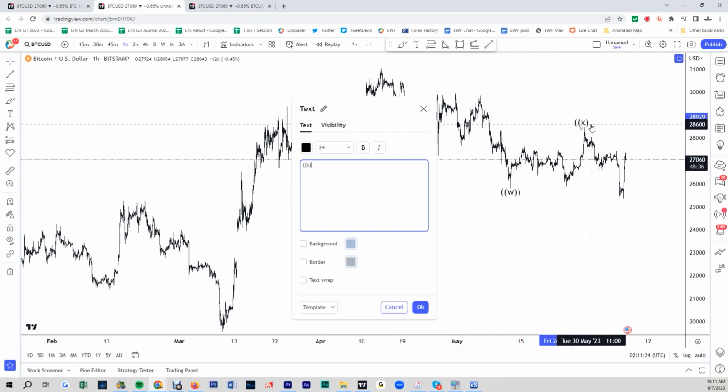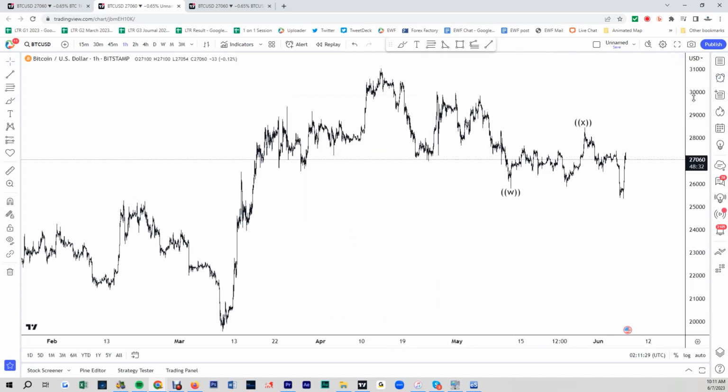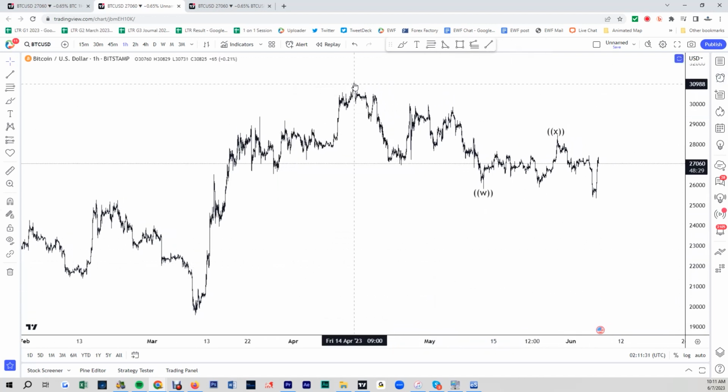So we can see a couple of things here that we want to talk about. Now, the first one is this decline here. So far it looks like a 1, 2, 3, 4, 5. So it has a 5 swing sequence when you are looking at it from the April 14 high.